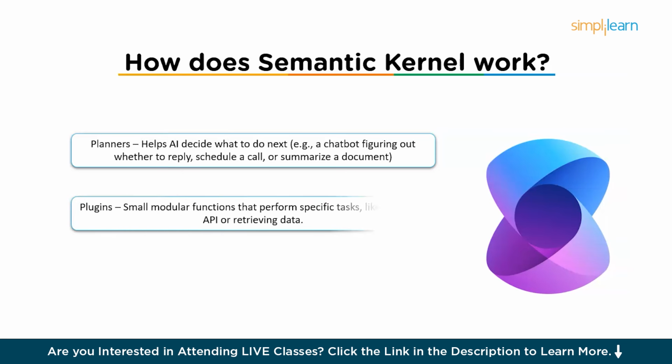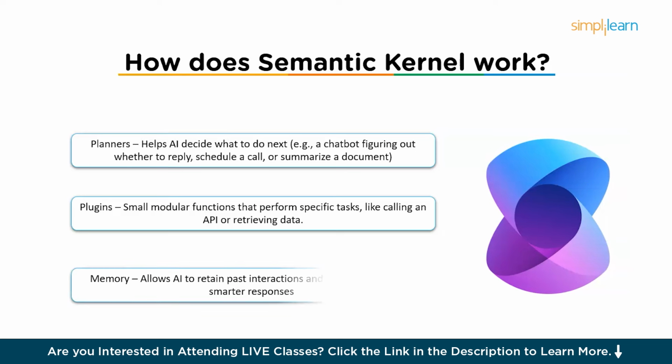Then we have plugins, which are small modular functions that perform a specific task like calling an API or retrieving data. Then we have memory that allows the AI to retain past interactions and use that context for smarter responses.